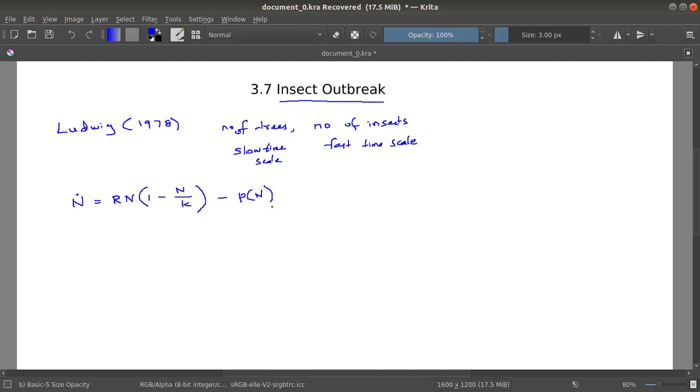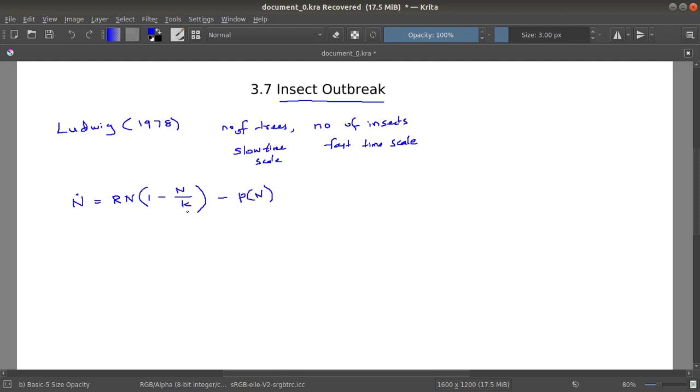So what is this function? Here he has considered the birth rate and the death rate, which depends on the carrying capacity. On top of that, there could be some birds which could eat these insects, right? So he considered that term as well. And one more thing, this carrying capacity K is going to go up if the number of trees are going up.